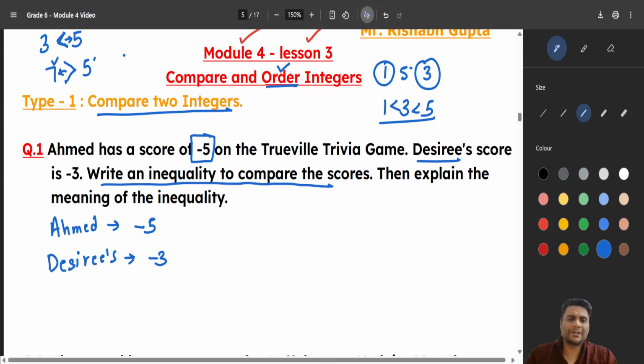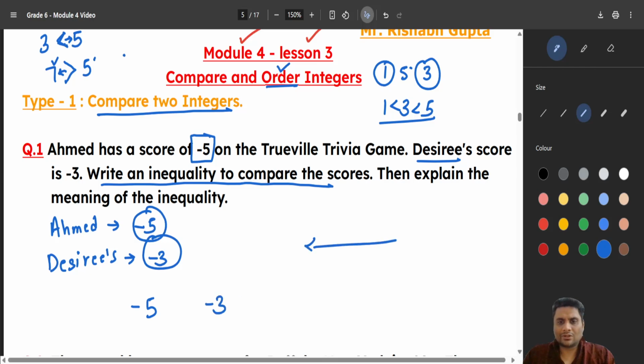Now we have to compare these scores, right? So let us write them together, -5 and -3. Now I will tell you one thing before I give you the answer. Here, -5, -4, -3, -2, -1, 0, 1, 2.